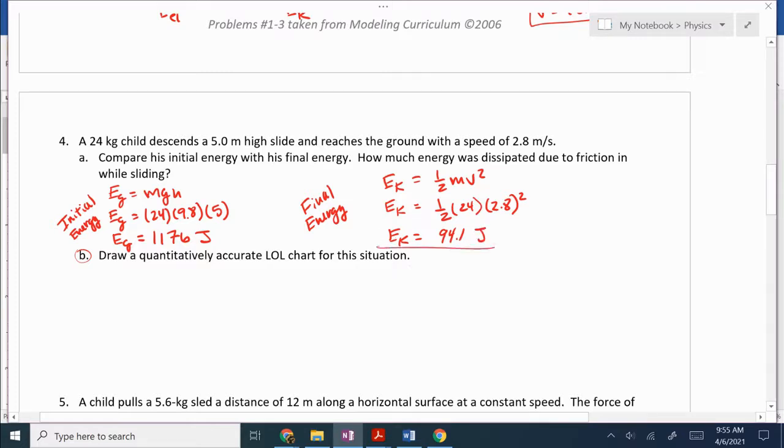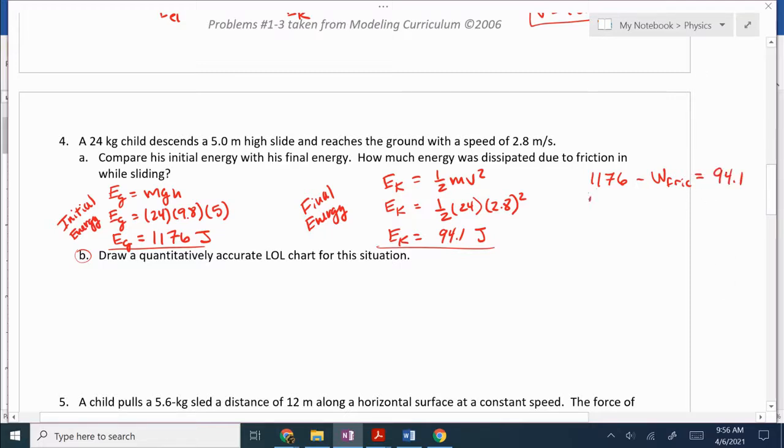Okay, so let's take a look at this. If we compare these two numbers, how much energy was dissipated due to friction and sliding? Well, we started out with 1,176 joules of energy. We lost some energy to friction, and we ended with 94.1 joules.